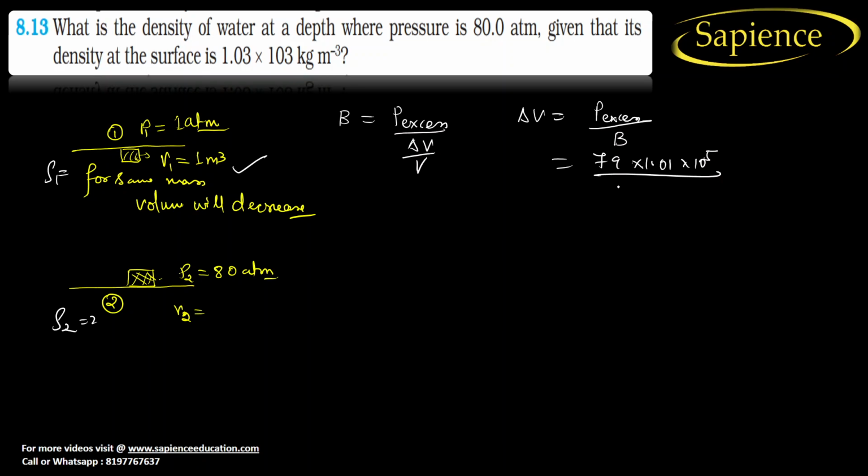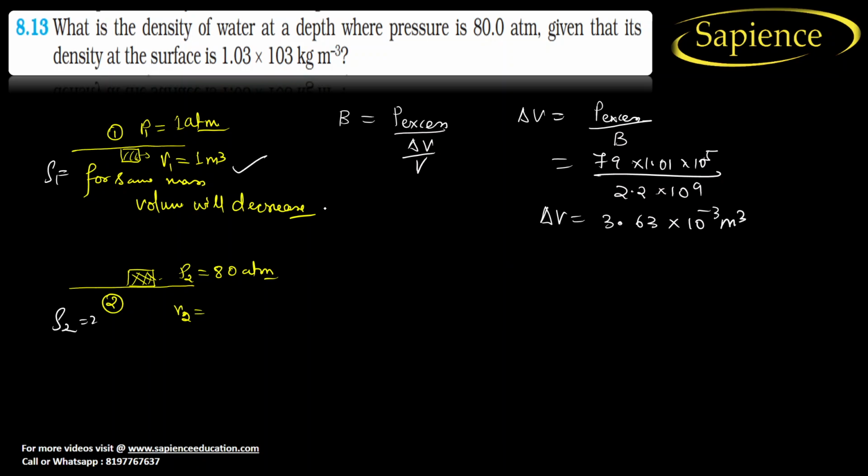The bulk modulus of water is generally 2.2 into 10 to the power 9. Now if we calculate the change in volume, it will be approximately equal to 3.63 into 10 to the power minus 3 meter cube.